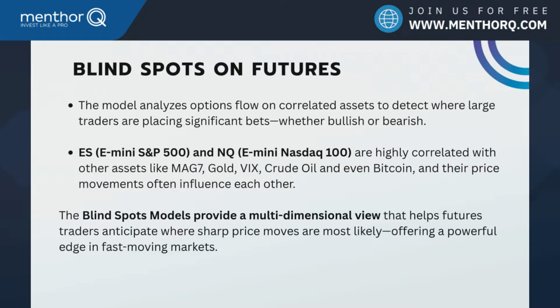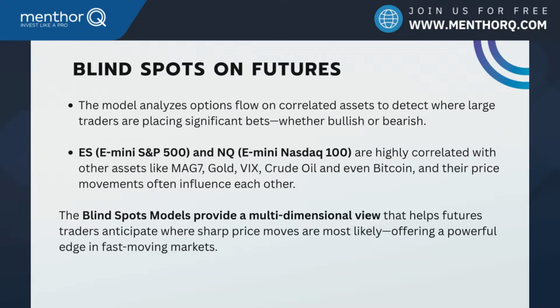Right, now let's go over why blind spots on futures can actually be very important, and we're going to go over some examples. So what the model does is analyze option flow on correlated assets to detect where large traders are placing significant bets, whether bullish or bearish.